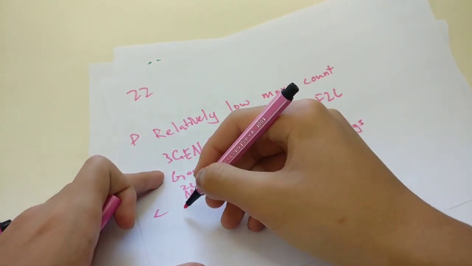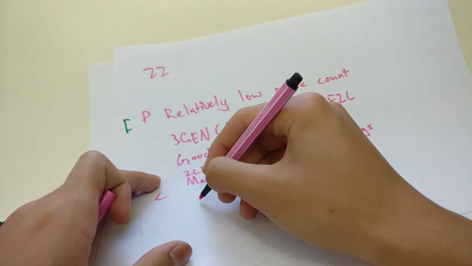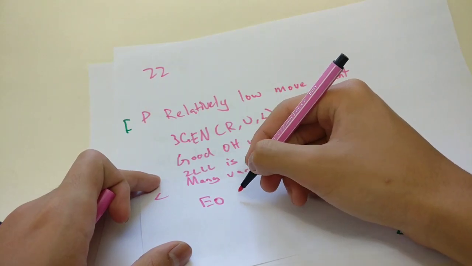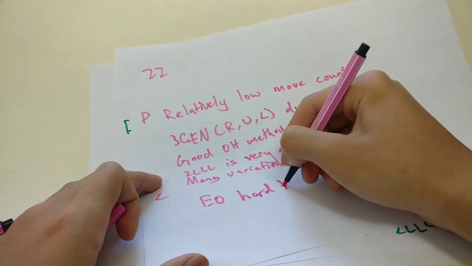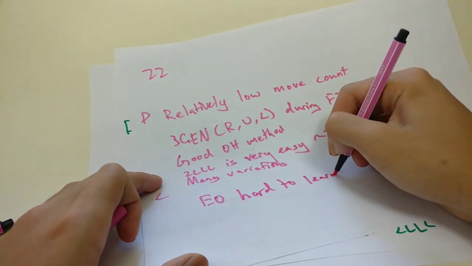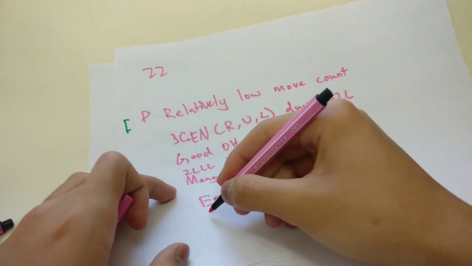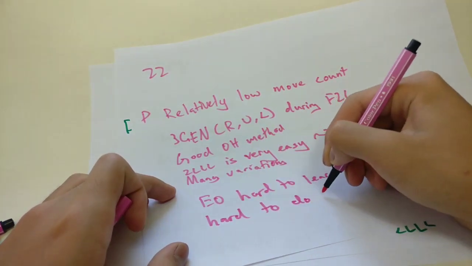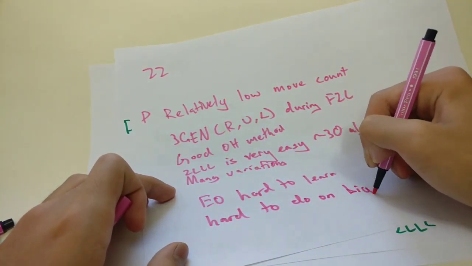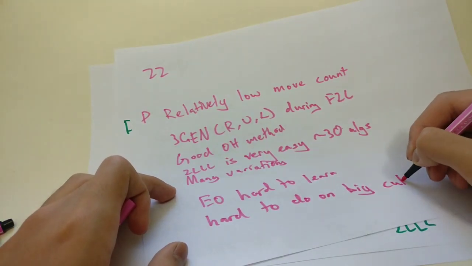One of the bad things about ZZ is that EO is very difficult to grasp as a beginner. And it's hard to do on big cubes, big cubes as in 4x4 and above.